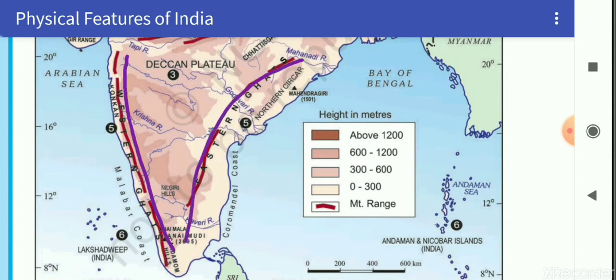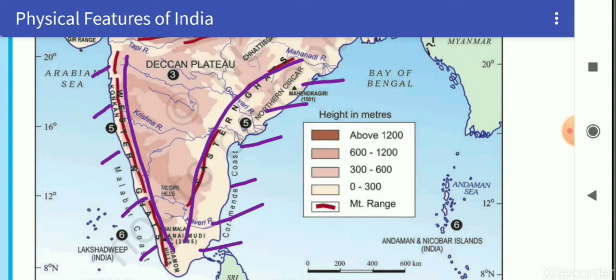And what is western Ghat and eastern Ghat we have already discussed in the previous video. So here we are just focusing on the coastal plain. Here you see this part is mainly known as coastal plain. So let us discuss more details about this.